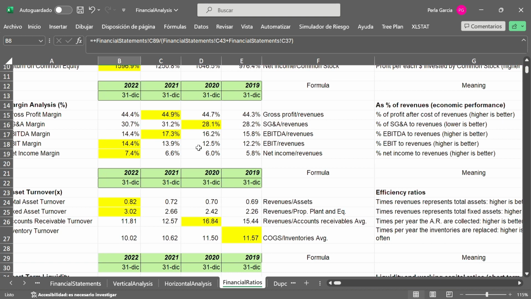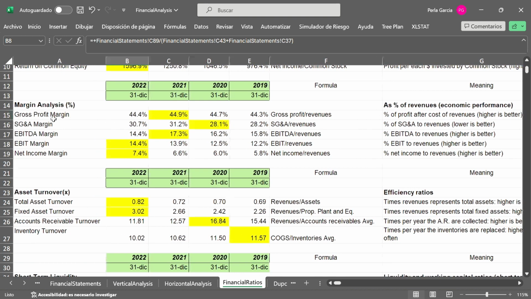So this is an economic performance, because as we can see in the first part, how the revenues produce the gross profit, and here higher is better, and the highest is in 2021. Then the SG&A margin, which is what percentage of the revenue the SG&A represents, and the highest is in 2020.